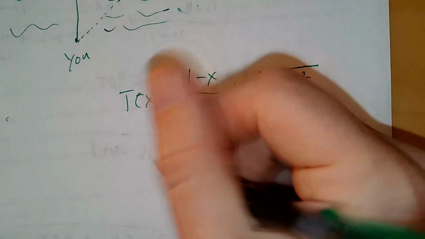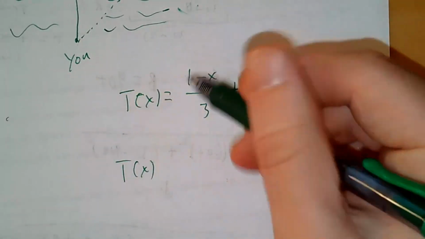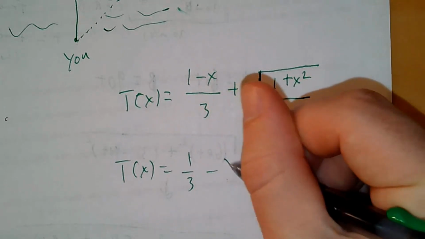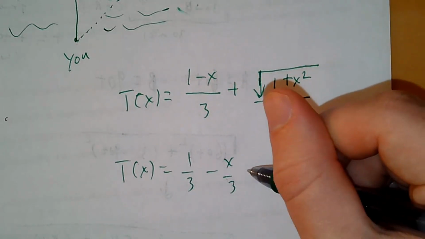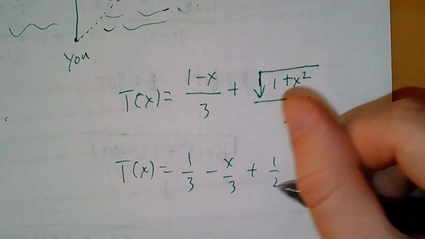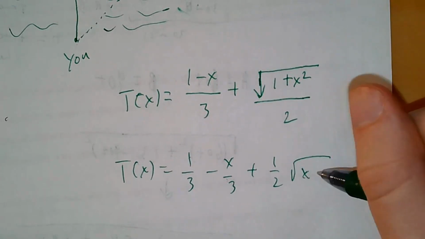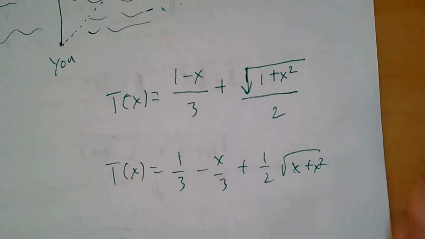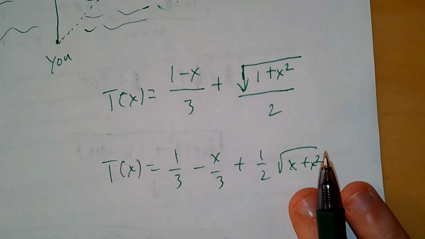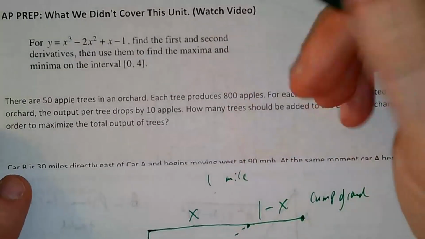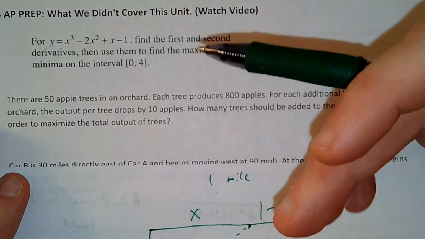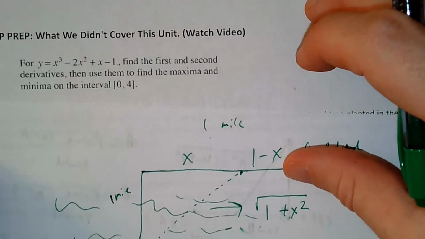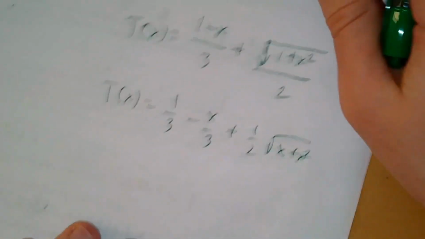And this can be simplified to 1 over 3 minus x over 3 plus 1/2 root 1 plus x squared. Once again, this was honestly the hardest part. Now we've gotten to the function, now we know what to do. Now you understand, I just need to find where the derivative equals 0 to find the best point.